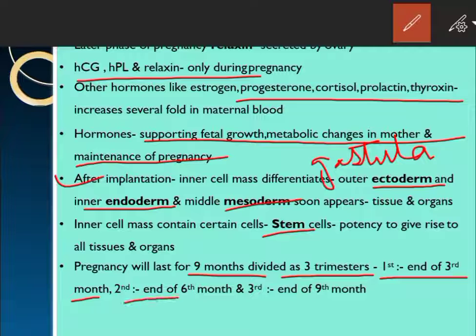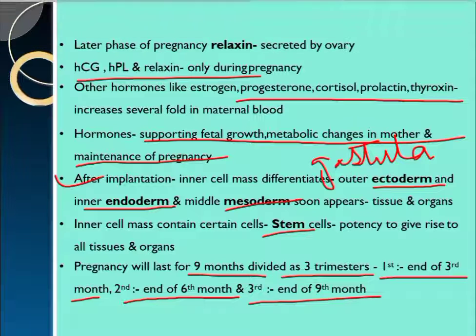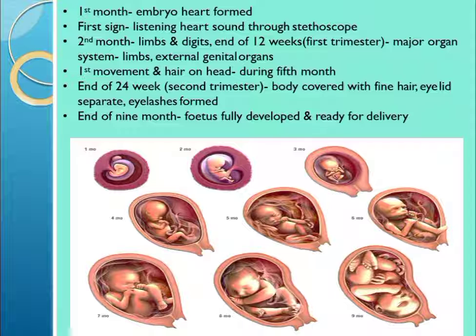Second trimester ends by the end of the 6th month, and the third trimester ends by the end of the 9th month. So after 1 month of pregnancy only, the fetus heart is formed. The first sign of growing may be noticed by listening to the heart sound carefully through the stethoscope.